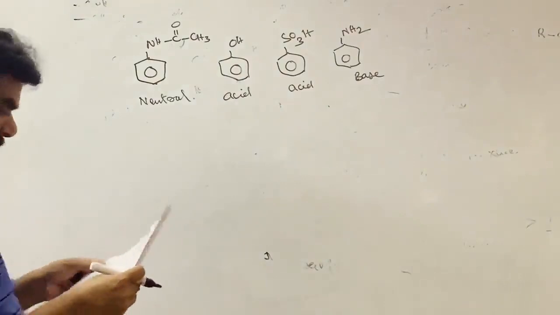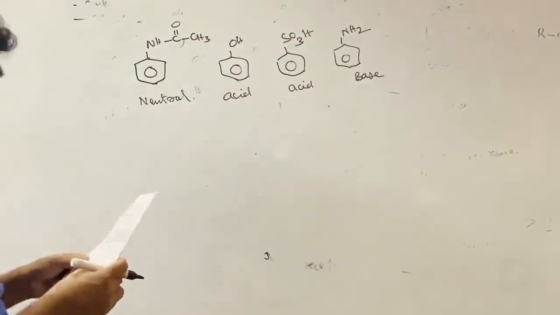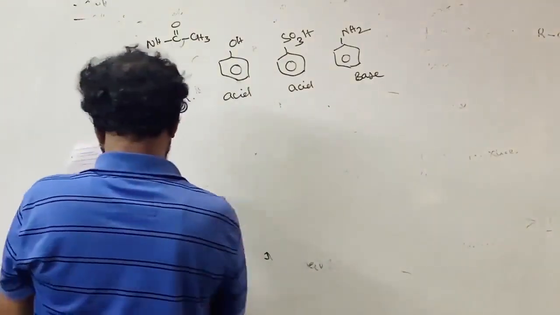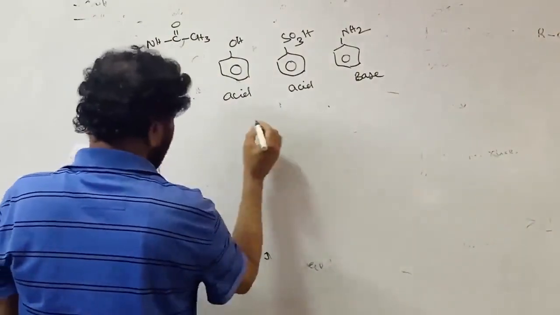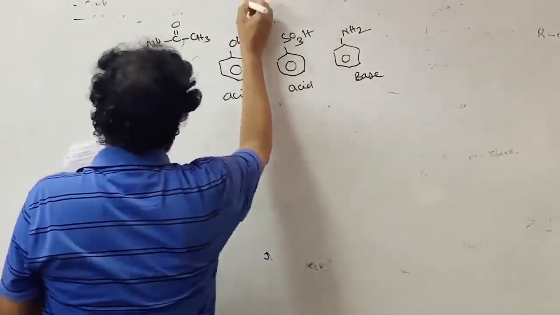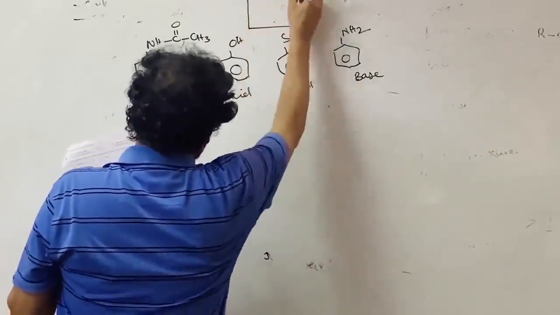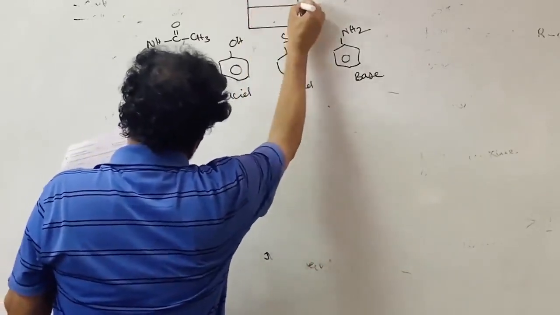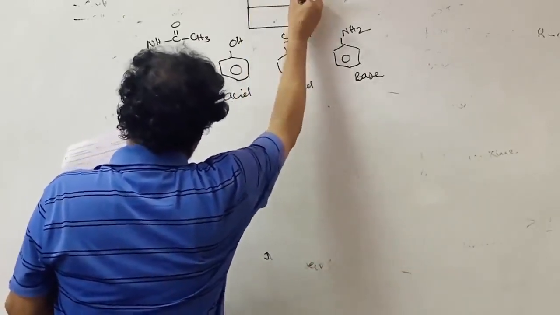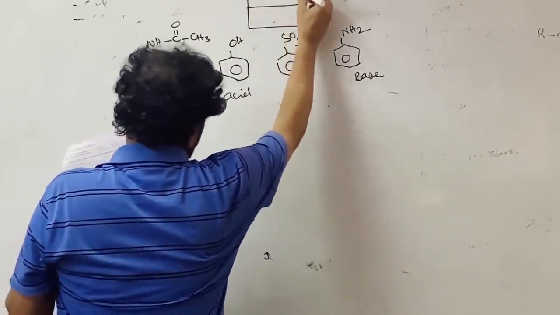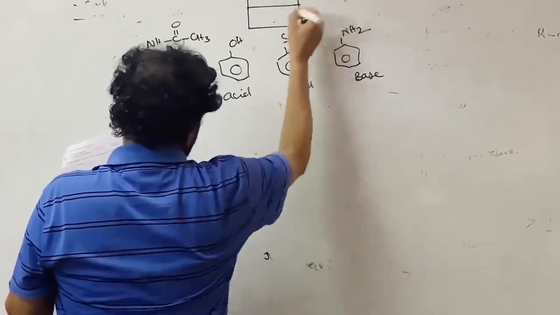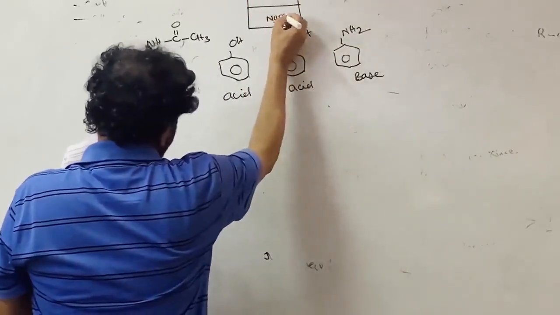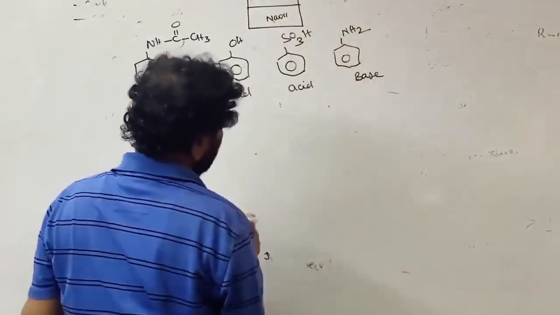Now, first these are dissolved in ether and treated with this. All are soluble in the ether. To this, sodium hydroxide is added. So now it becomes the ether layer and this is the sodium hydroxide layer. The 4 are added to this.